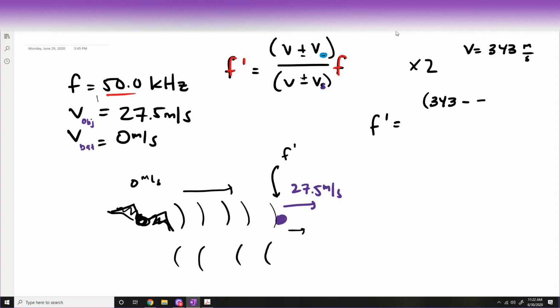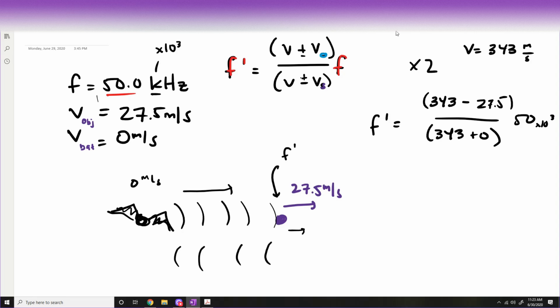So we subtract the 27.5, which is the speed of the observer, and then we have 343 plus 0, because the bat, which is the source of the sound, is not moving at all, and that's times 50,000 hertz. The reason it's 50,000 is because it's kilo, and kilo is times 10 to the 3.